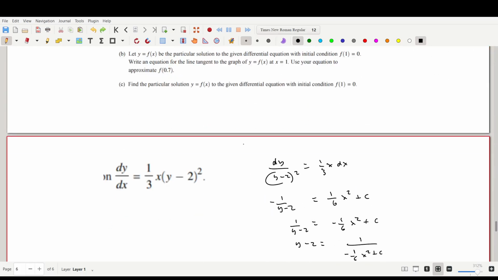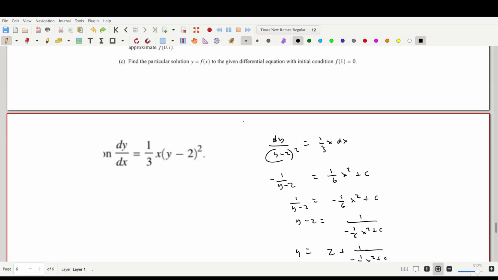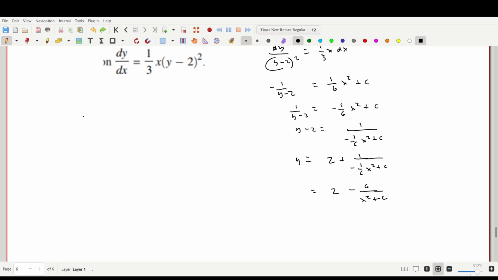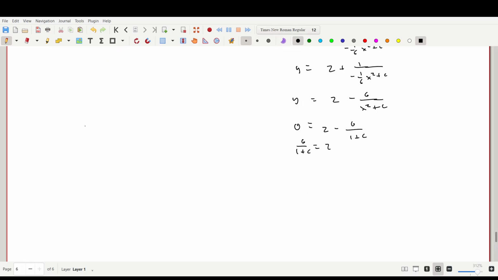Am I doing that right? Seems reasonable. And then f of 1 is 0, so plug in 1, 0, and you get 0 is 2 minus 6 over 1 squared plus c. So 6 over 1 plus c is 2, and flip everything: 1 plus c over 6 is a half, multiplied by 6. 1 plus c is 3, and then c is 2.